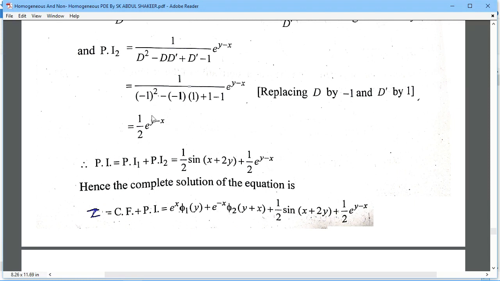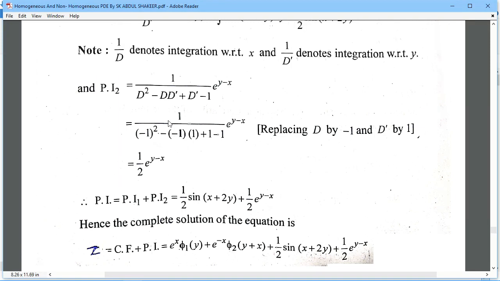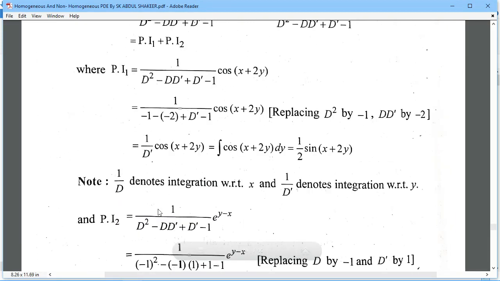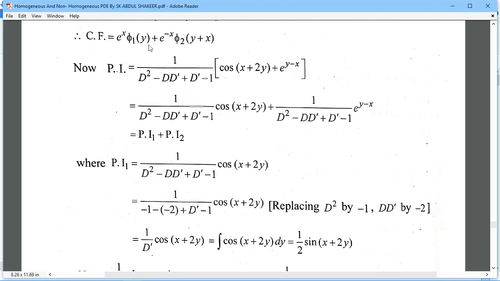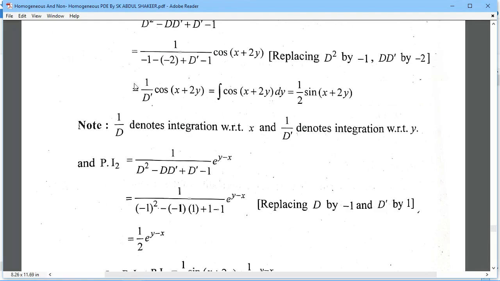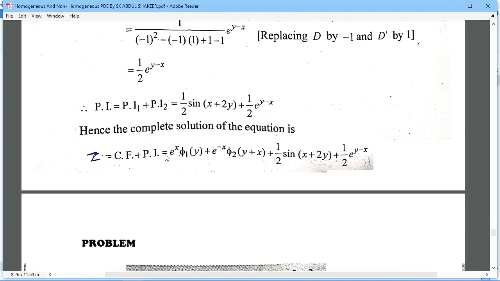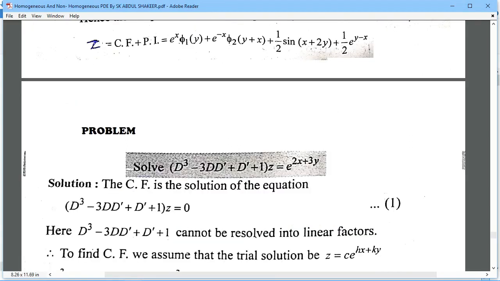Replacing these values, we will get half into e^(y - x). These are the values of PI1 and PI2, which are substituted in this. Adding those two values, we get the required particular integral. Now adding the complementary function and particular integral gives the required complete solution, that is the z value satisfying the equation.